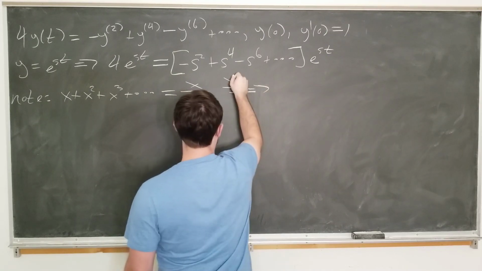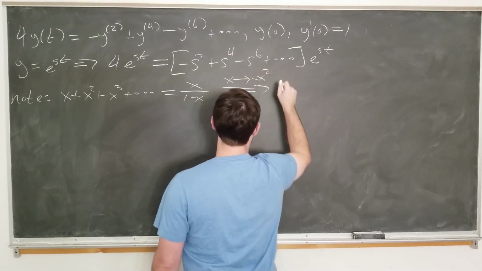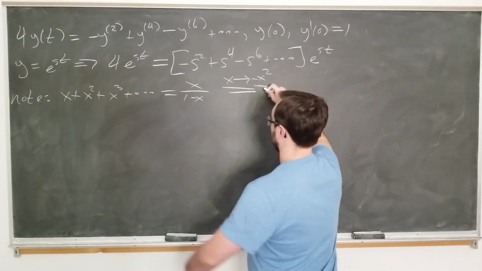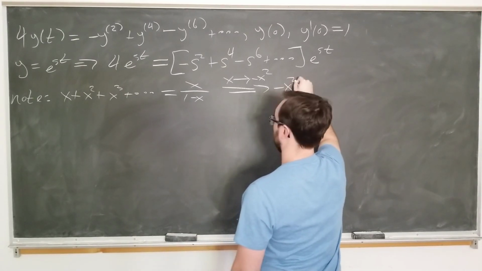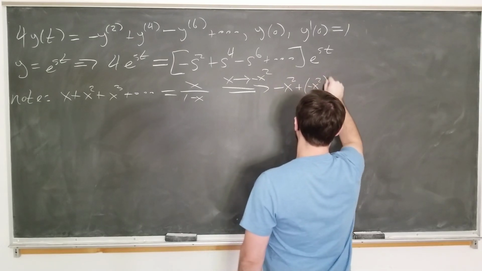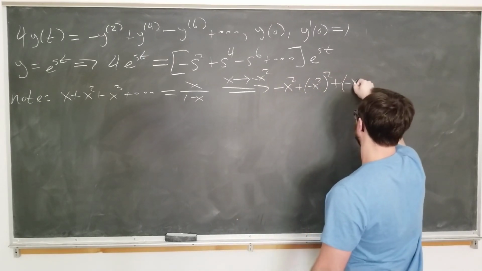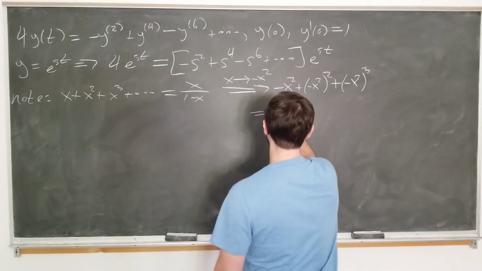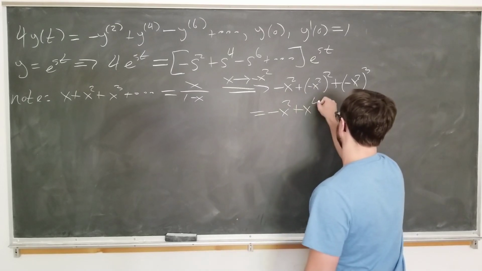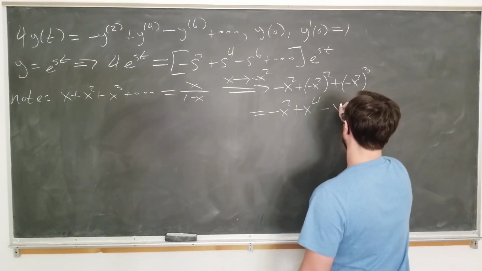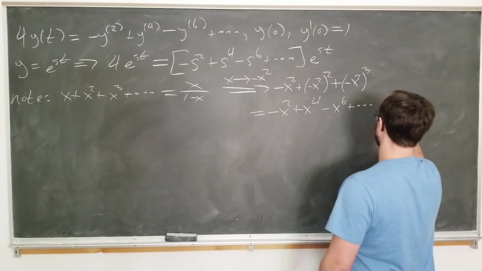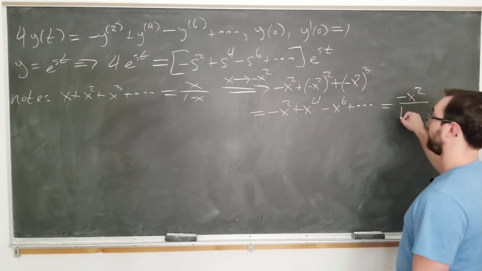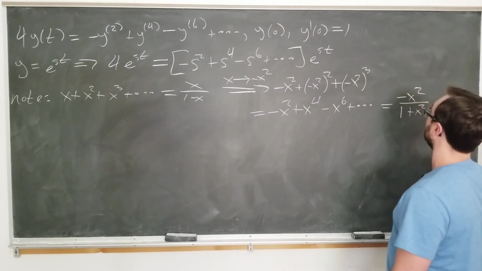So if we let x go to minus x squared, we have on the left hand side minus x squared plus minus x squared squared plus minus x squared cubed, which is minus x squared plus x to the 4th minus x 6th plus etc., which is minus x squared over 1 plus x squared.